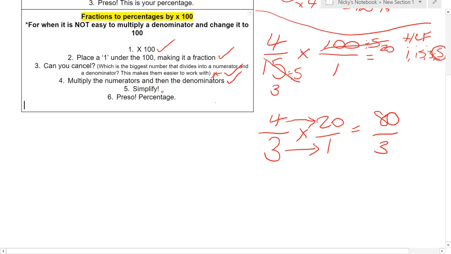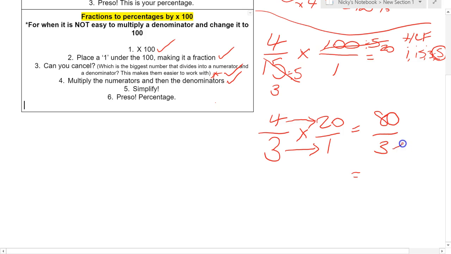So when we're simplifying, we're looking at making the numbers smaller, but actually the size of the fraction is exactly the same. So if it's a proper fraction, small on the top, bigger on the bottom, you're going to just make those numbers smaller by dividing. But if this is an improper fraction, so heavier on the top than it is on the bottom, we're going to do our changing to a mixed number.